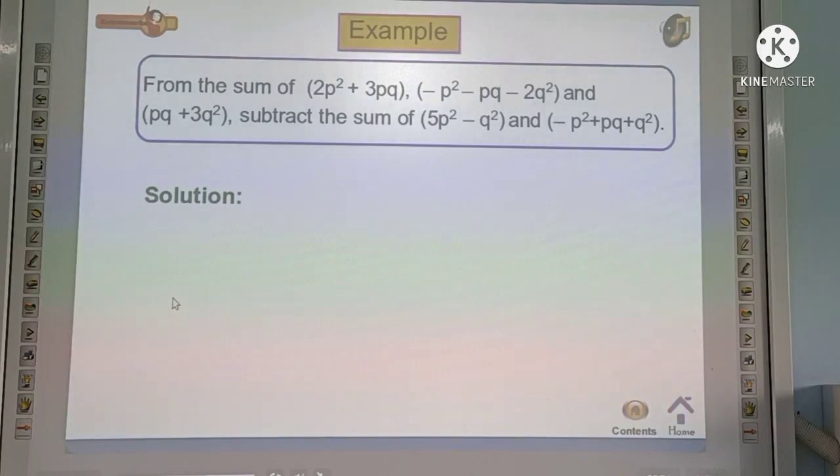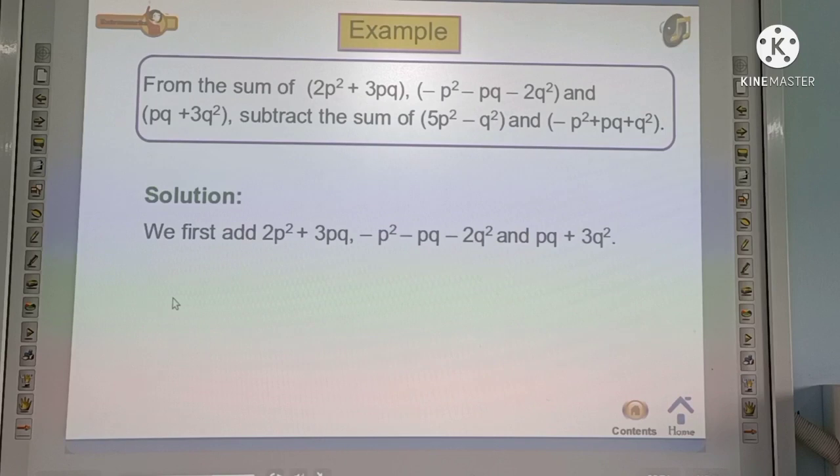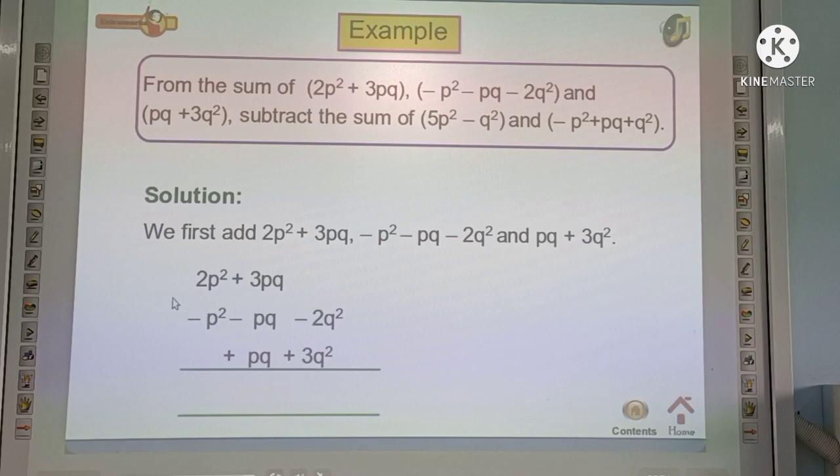To solve this problem, we will first add the first three expressions by arranging them in columns with like terms appearing in the same column as shown. Now we will add the terms in the same column. We have p squared plus 3pq plus q squared.